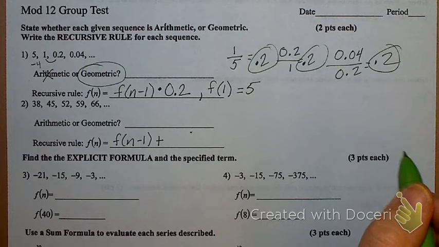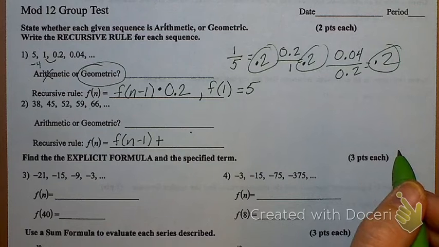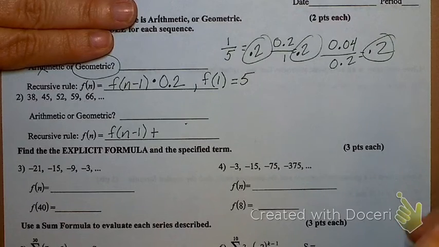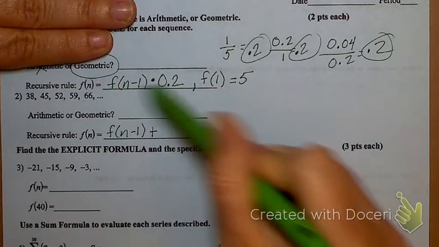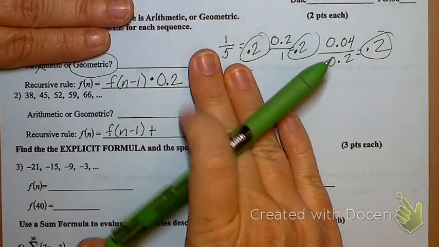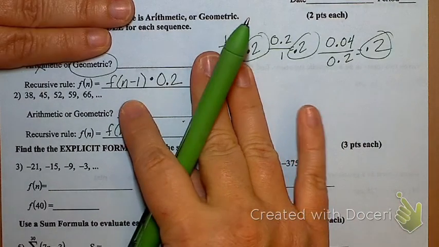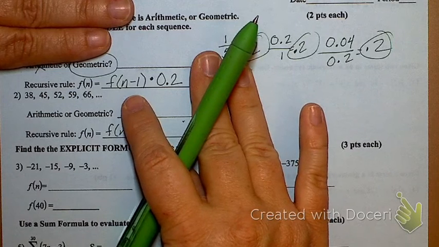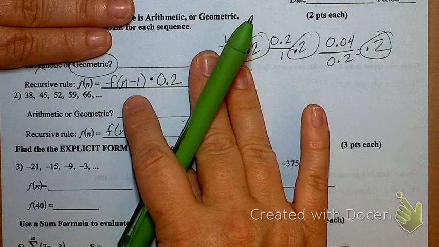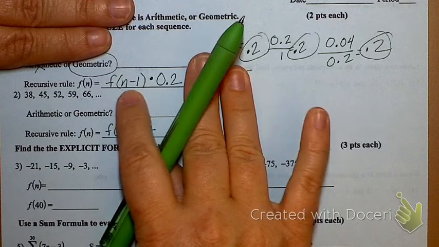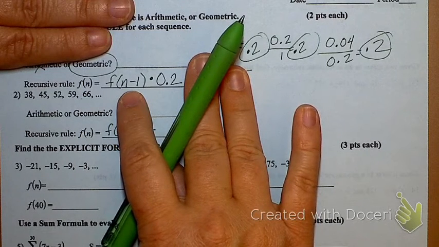Because with any rule that you give me, I should be able to create the sequence just by looking at what you have written here. And if you don't give me a starting point, how am I supposed to find any term? Can I even find the first term from here? The first term would equal f of 1 minus 1. That would be f of 0, which doesn't really exist for us.